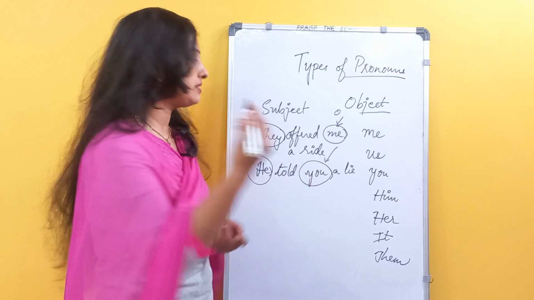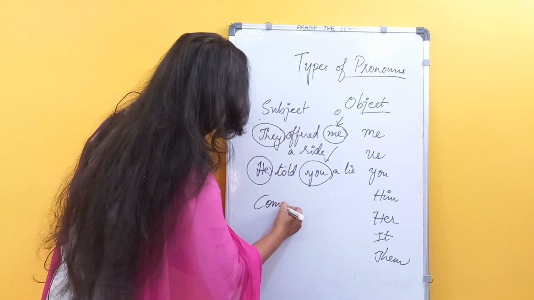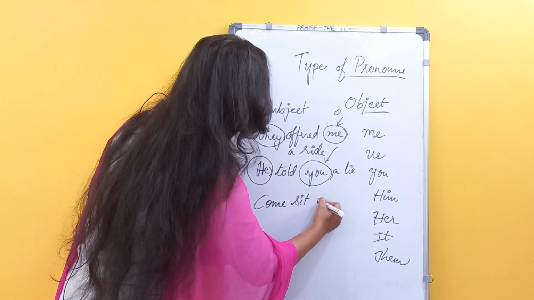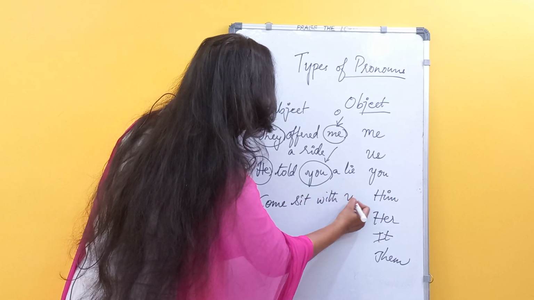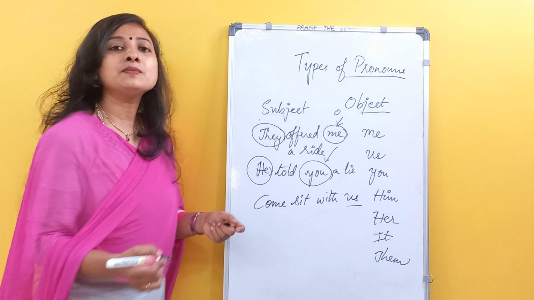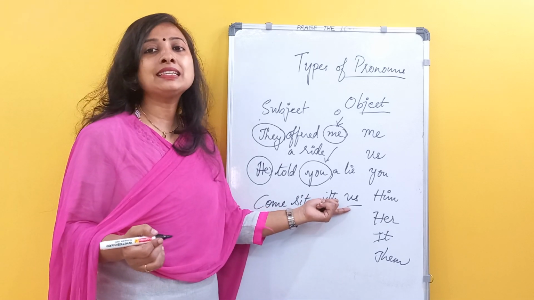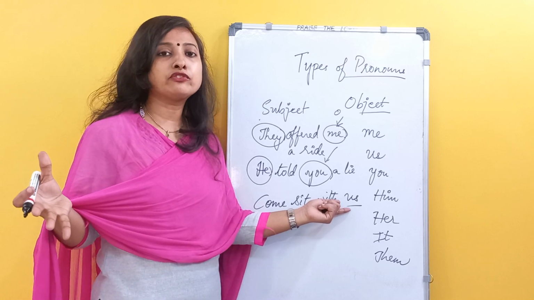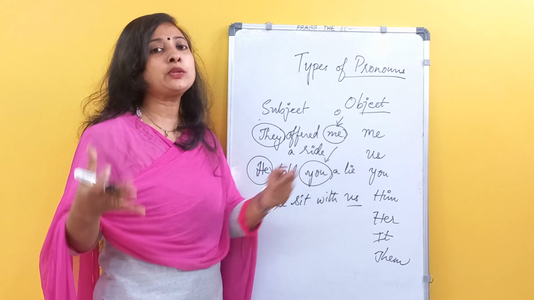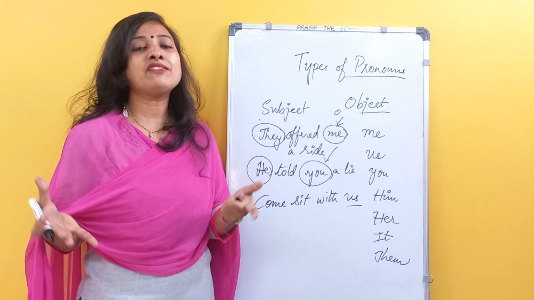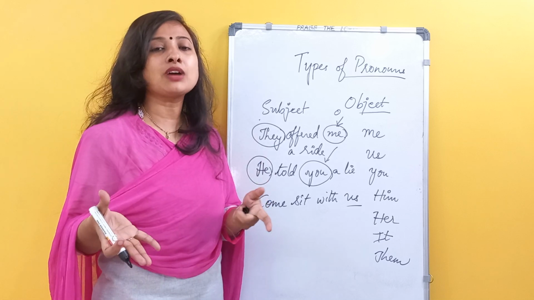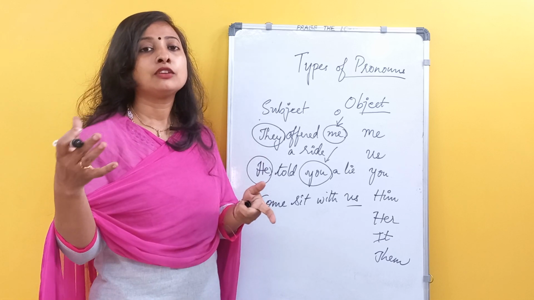Like, come sit with us. For example, come sit with us. Okay, here us is the object part of the sentence. What are we asking? Whom are we asking to come and sit? To whom?